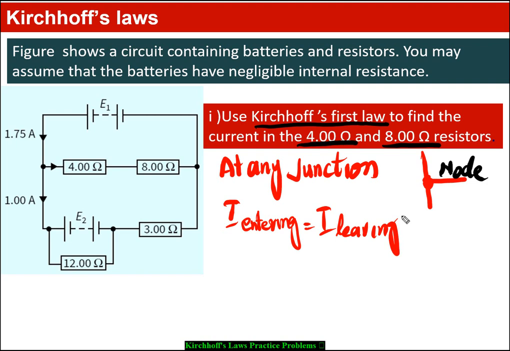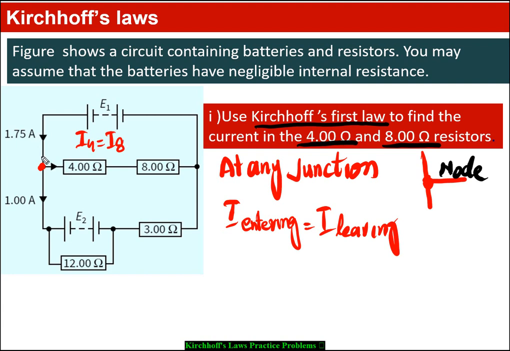Now, how can we apply this law and find the current passing through the 4 ohms resistor and the 8 ohms resistor? The first thing we need to understand is that the 4 and 8 ohms resistors are connected in series. It means the current has to be the same, so I4 has to be equal to I8.